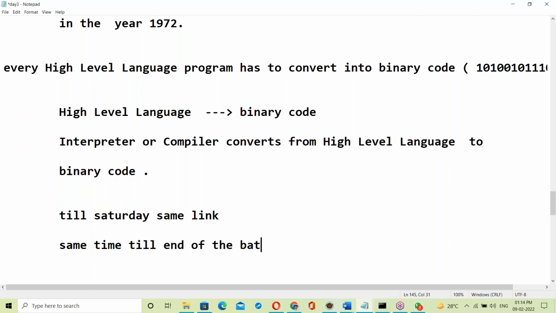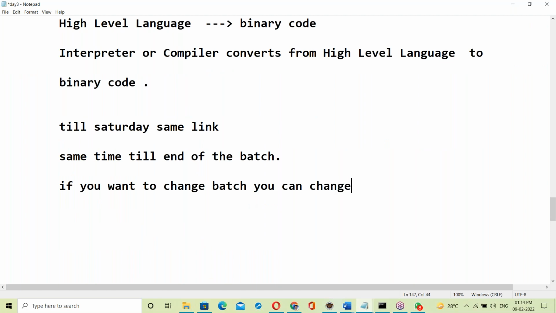If you want to change your batch, you can change to another batch, no issue. Evening batches are also available, you can change to that also, or an early morning batch is available.